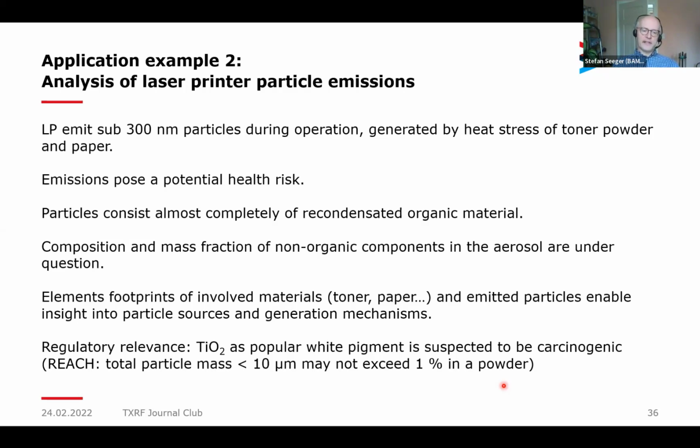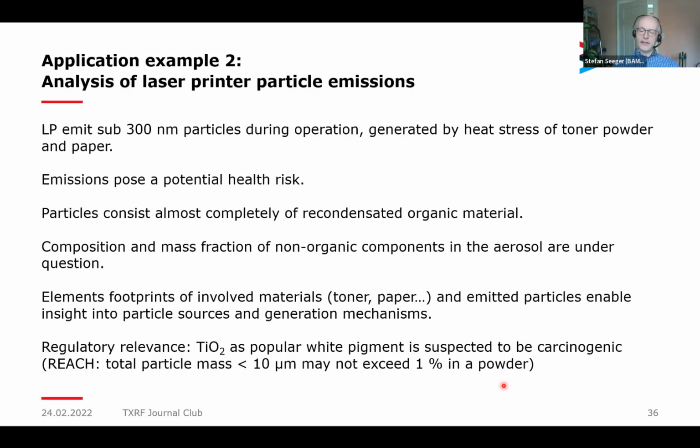For instance, titanium dioxide is a very popular white pigment, and it is suspected by the EU REACH to be carcinogenic, and total particle mass below 10 micrometers in size may not exceed 1% in a powder.